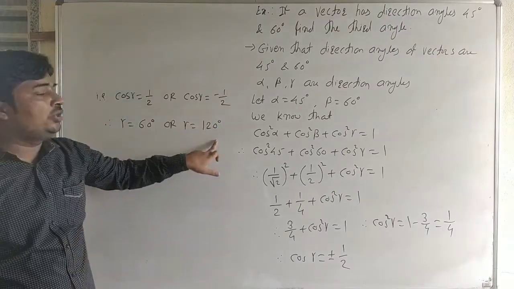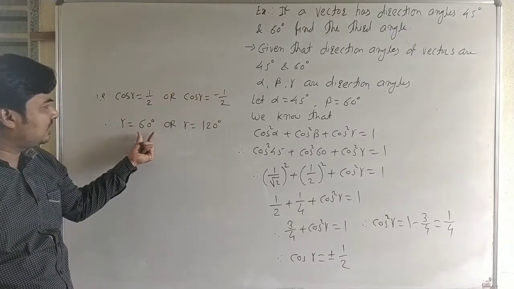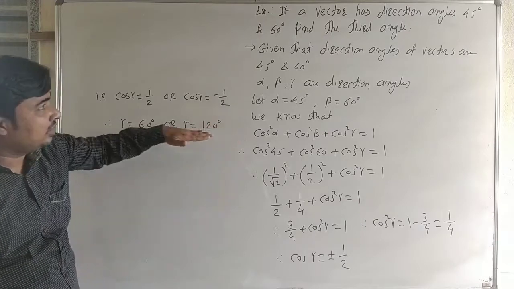Cos 60 is equal to 1 by 2 and cos 120 is equal to minus 1 by 2. Therefore the third angle is 60 or 120. It is the required angle.